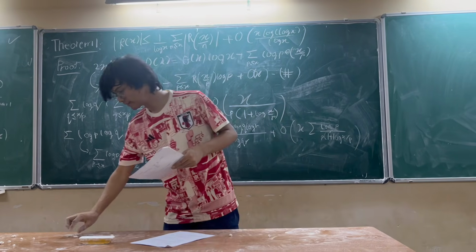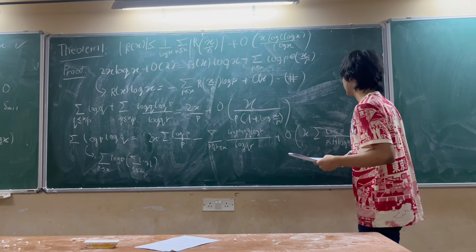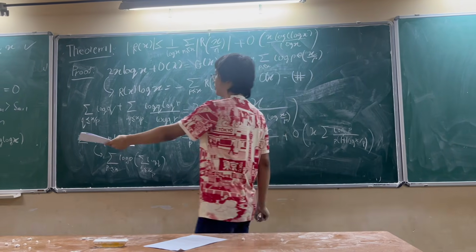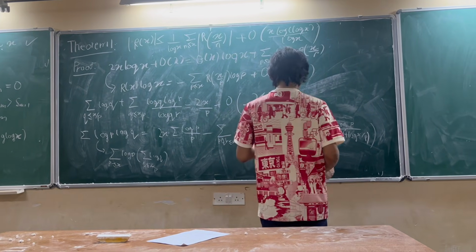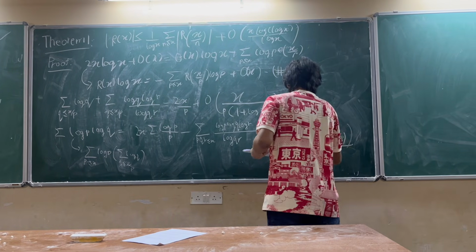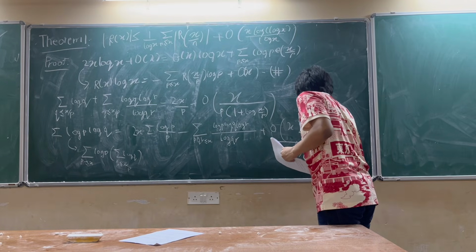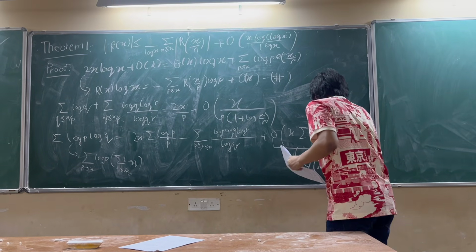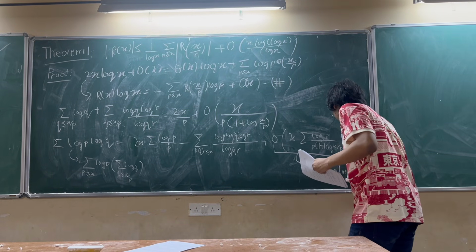So now that I have this, I can use my lemma and see that this particular summation has the order of log x. So I can directly say that by my lemma, this thing is nothing but the order of x log x.